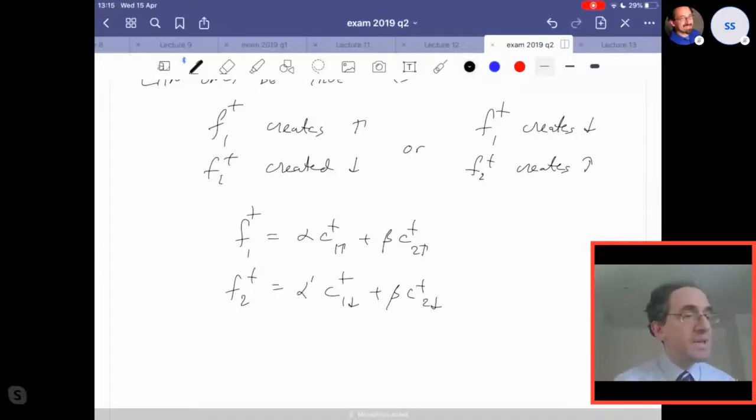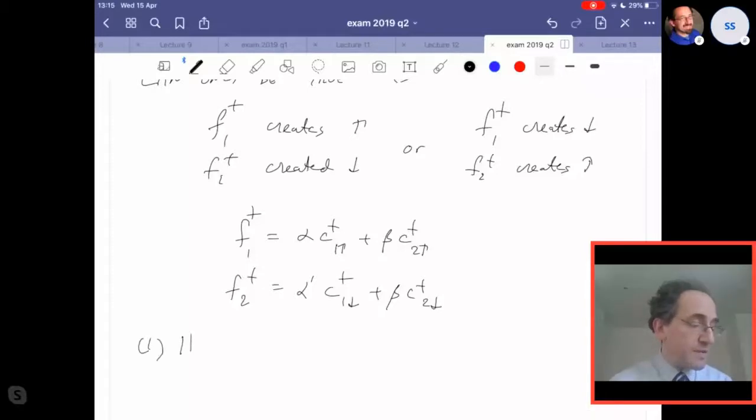But first of all, the Hamiltonian is time reversal invariant, is T invariant, which means the wave functions can be taken to be real. So alpha, beta, alpha prime, and beta prime can be taken to be real. And arbitrarily we can always choose alpha and alpha prime to be positive, greater than 0.